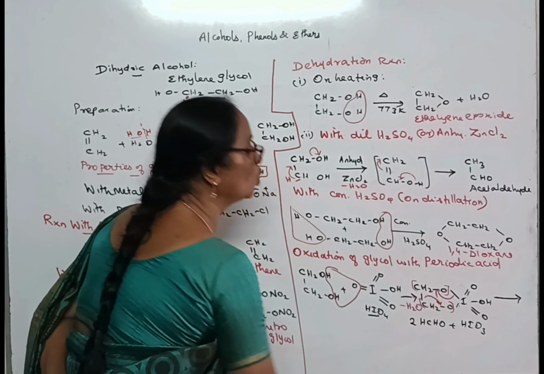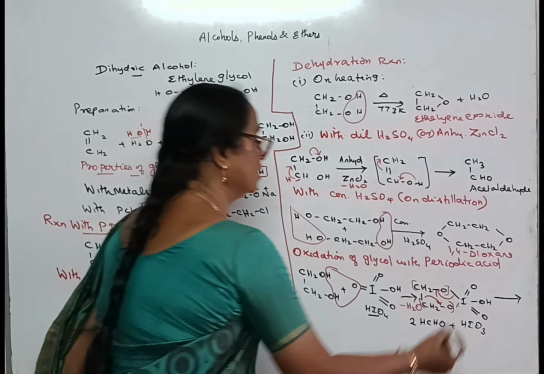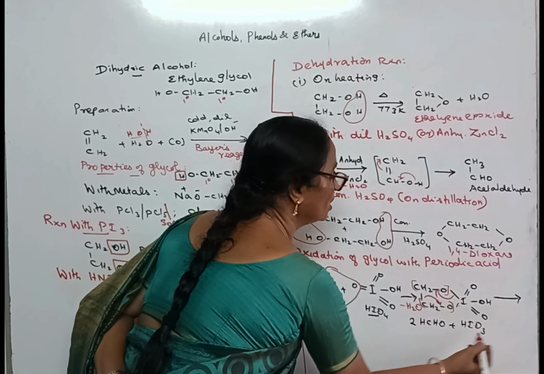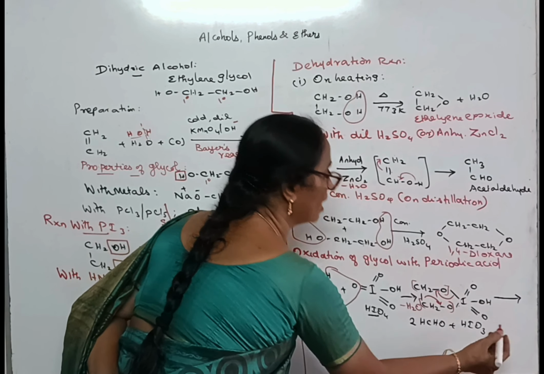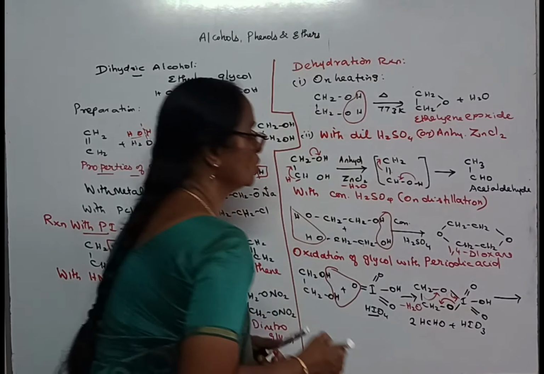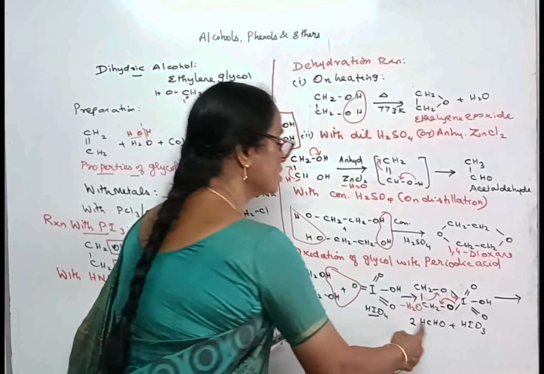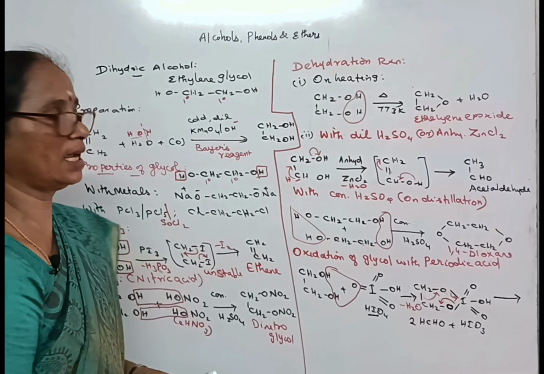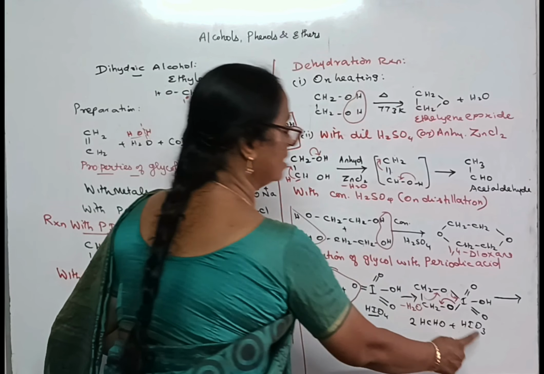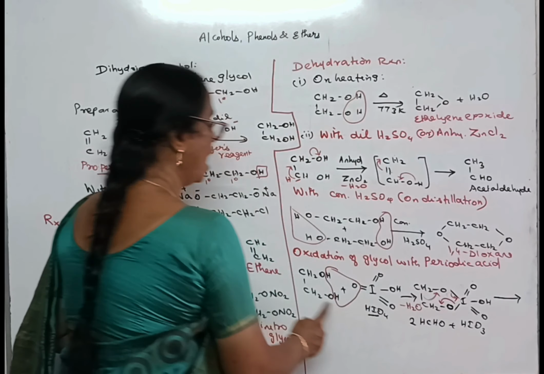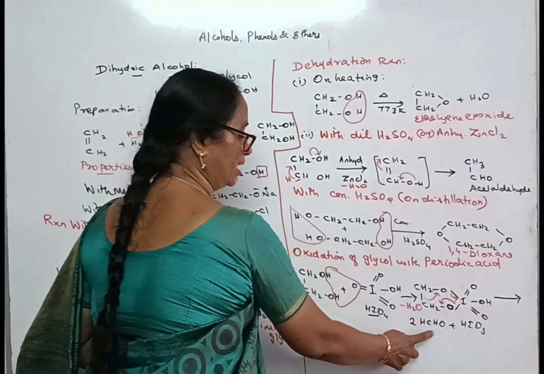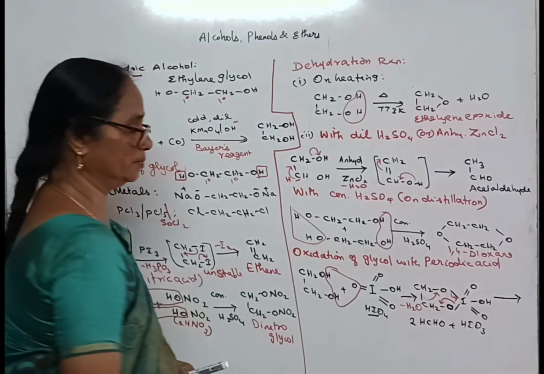So we are getting 2 molecules of formaldehyde, and the rest will be IO3, that is HIO3, iodic acid. So periodic acid is reduced to iodic acid and ethylene glycol is oxidized to formaldehyde.